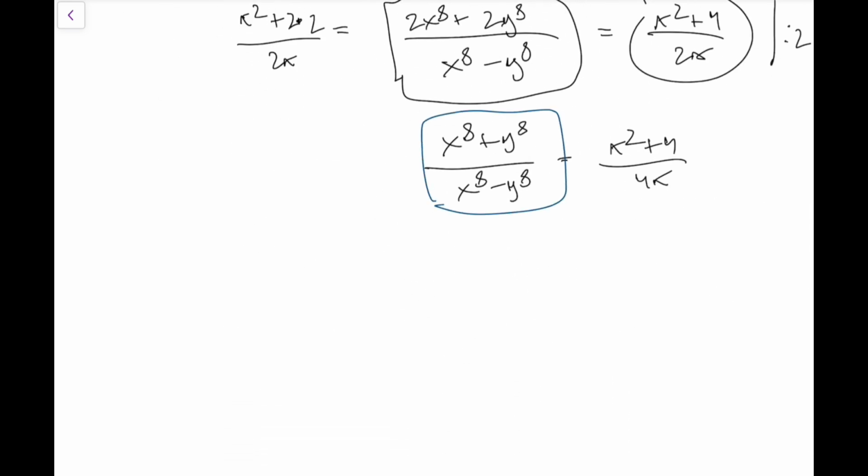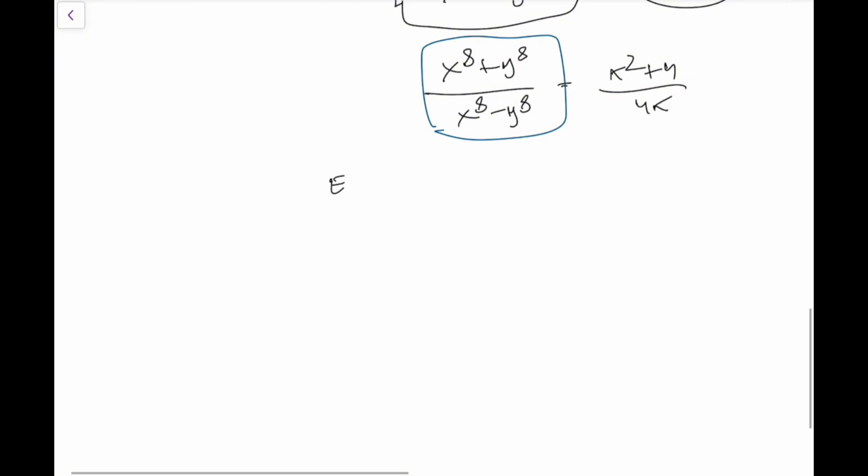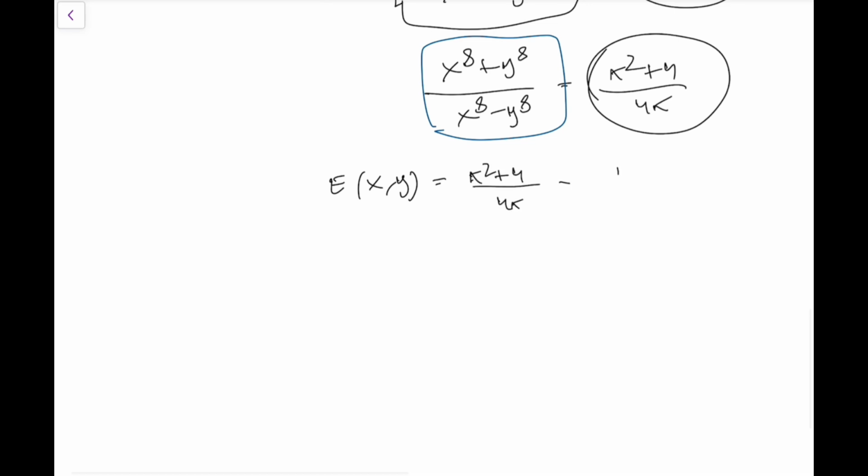So in order to compute the expression depending on x and y, it's simply going to be this number minus its reciprocal, which is 4k over k squared plus 4. And if we calculate this, then we are most probably going to get a solution.